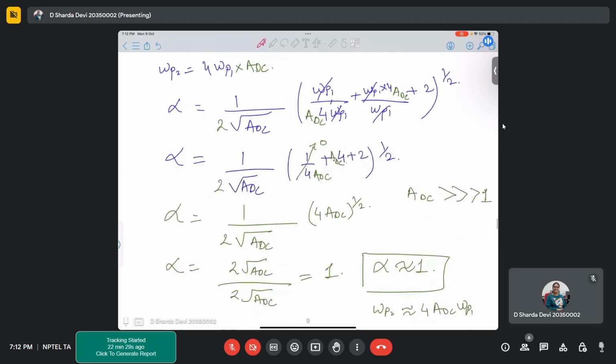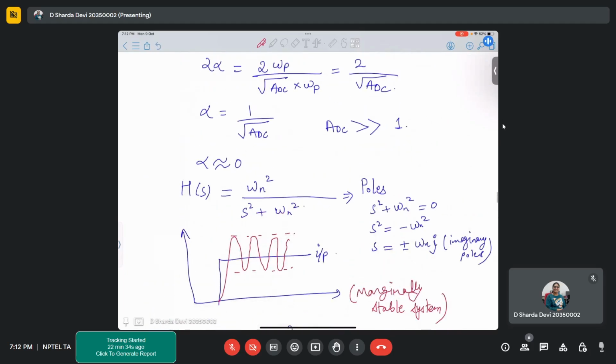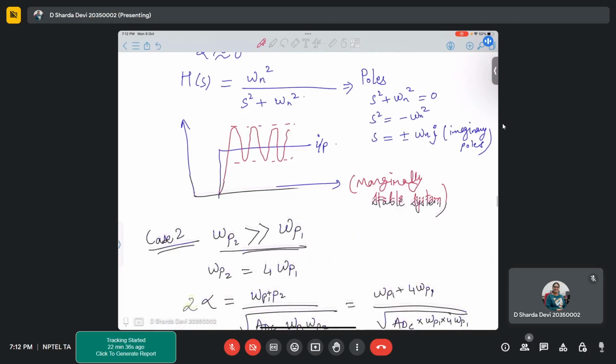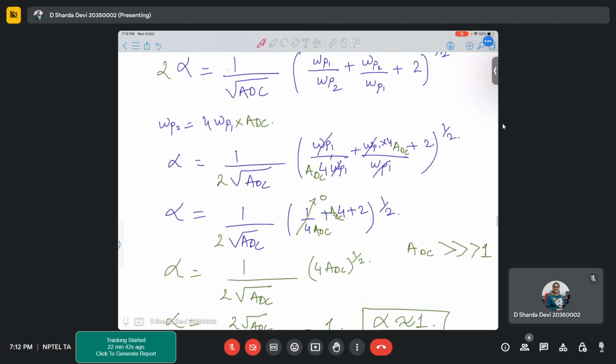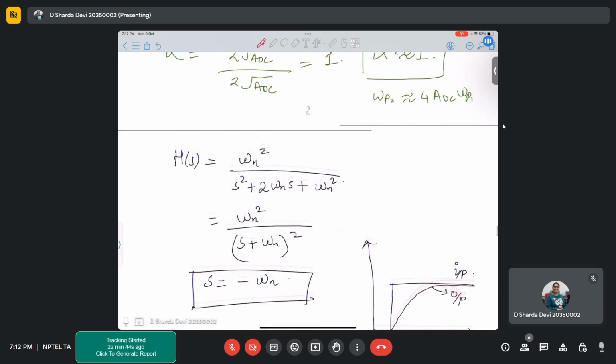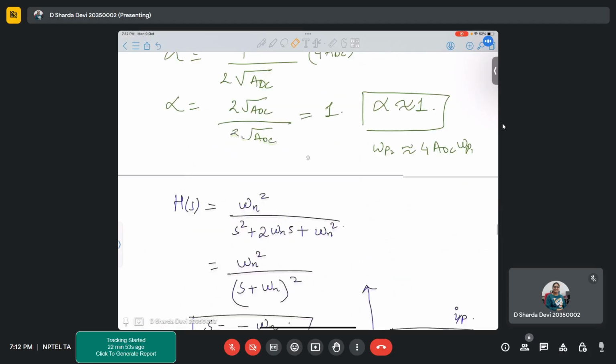When your alpha was almost 0, your system was marginally stable. And now case 3 can be alpha greater than 1, right?